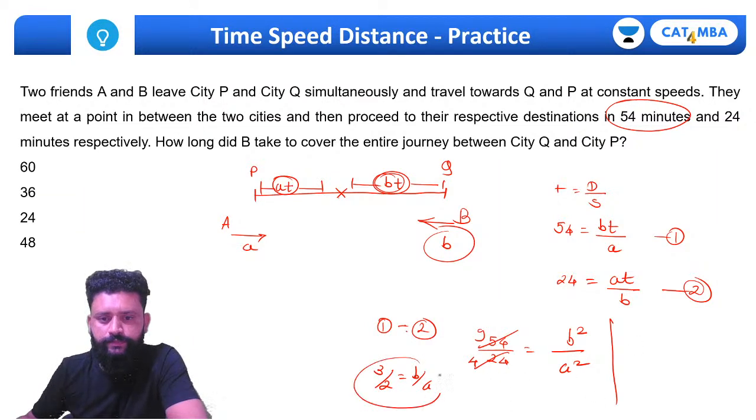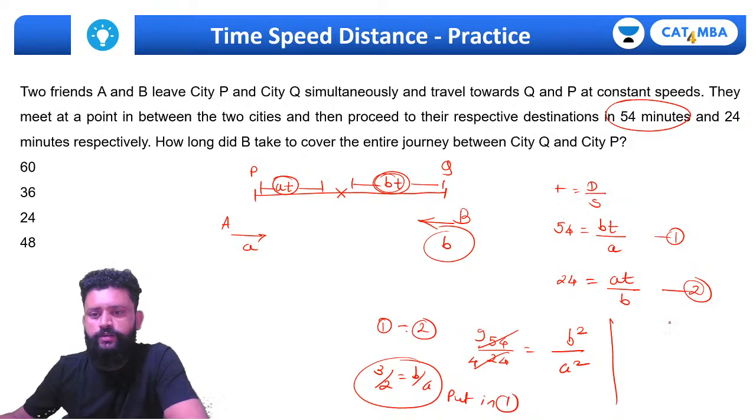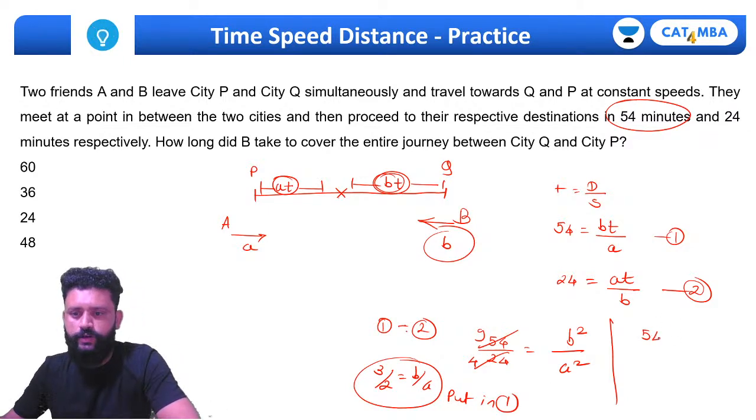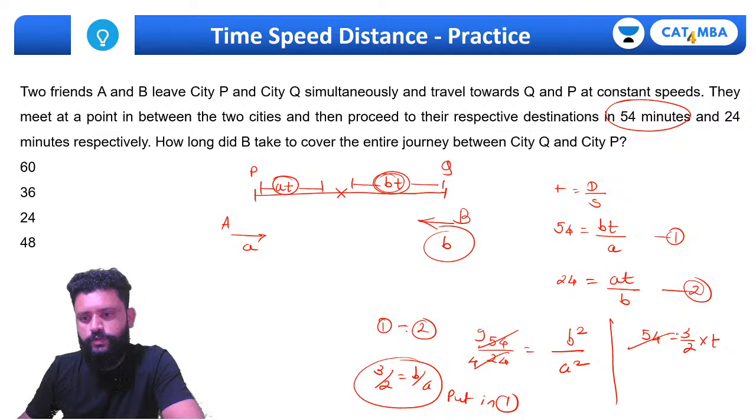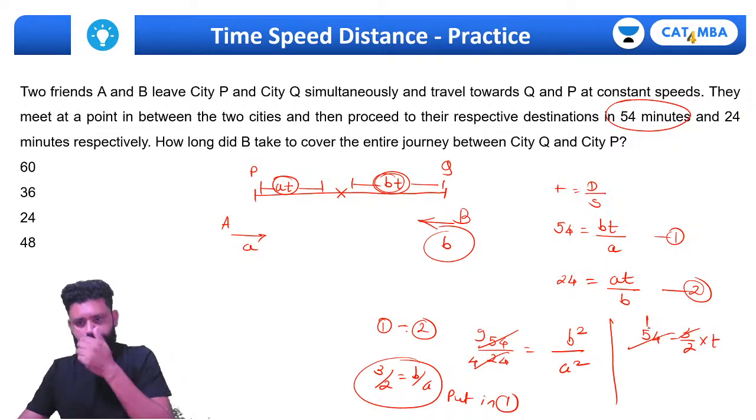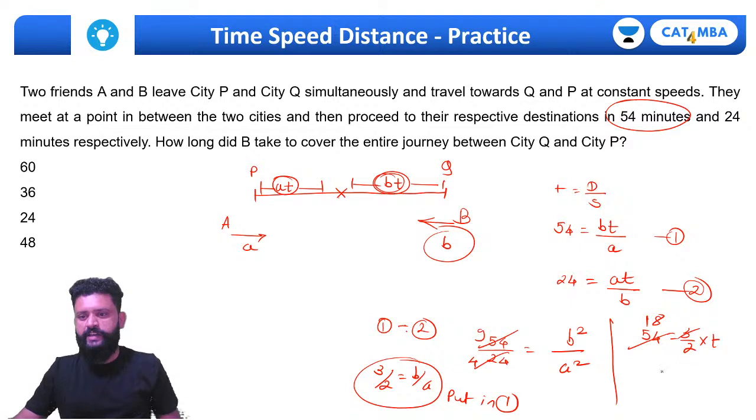Put this value in equation 1, what you'll be getting 54 is equal to b by a is 3 by 2 into t, so t has to be 36.